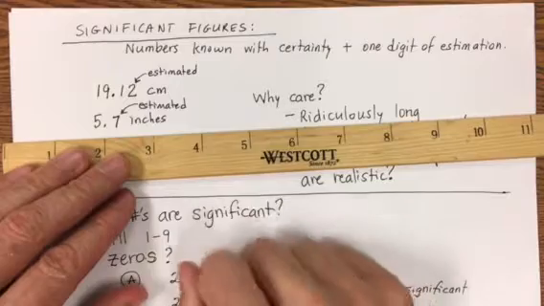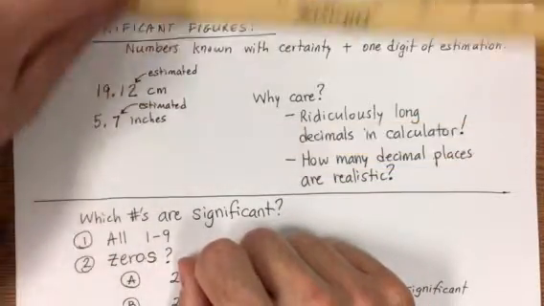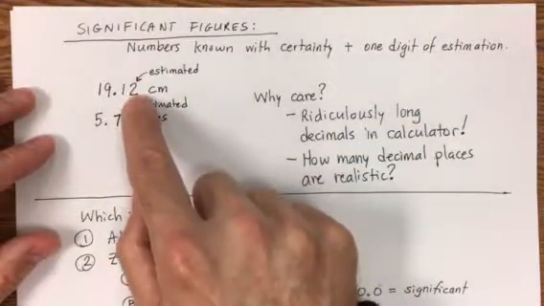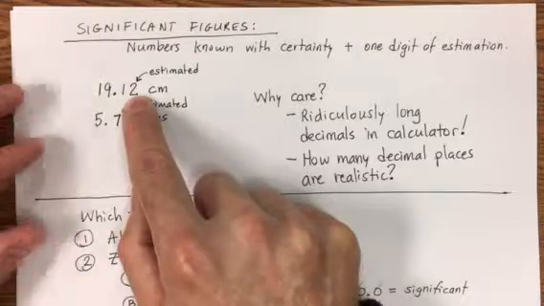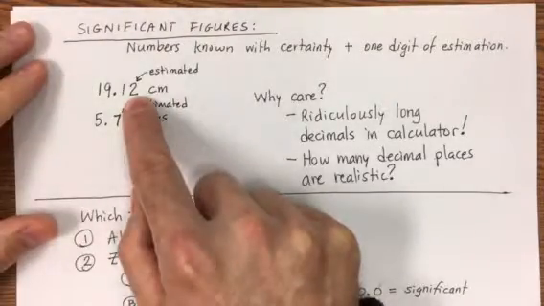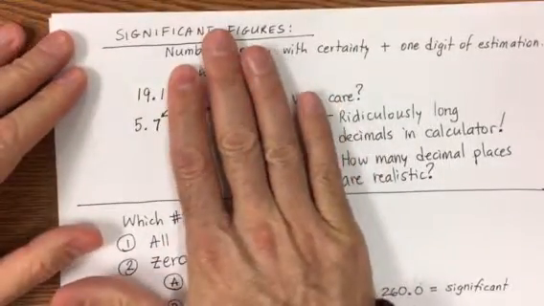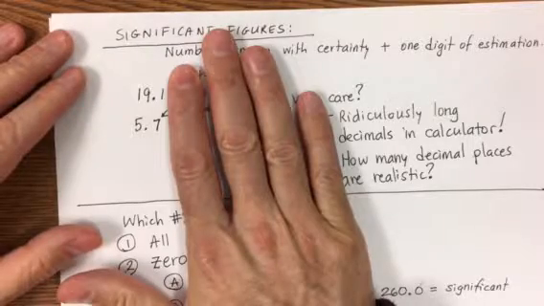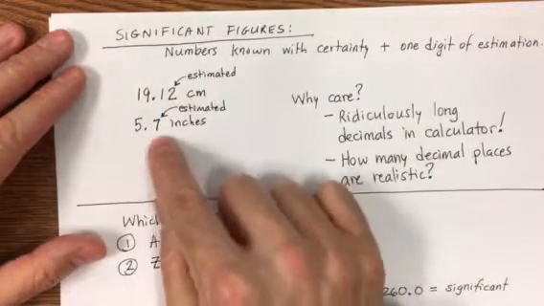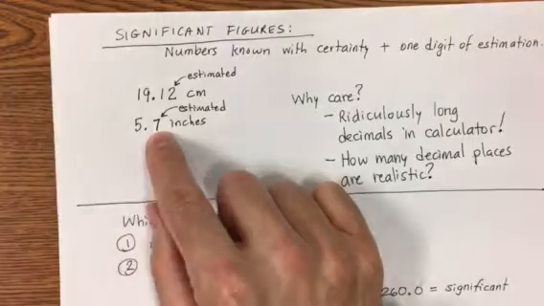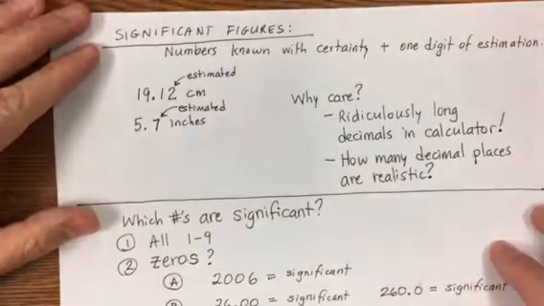I estimated in between the 4 and the 5 on this ruler. The last number in our number is an estimated number, and the other numbers are known based on the marks on the measuring device. So in 5.7, the 0.7 would be an estimated number.